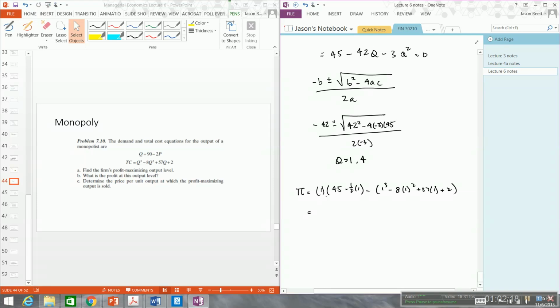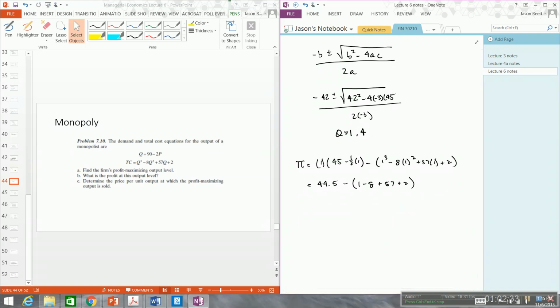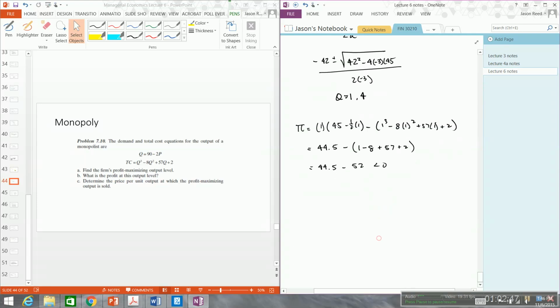So that we get 44.5 minus 1 minus 8 plus 57 plus 2. So that we get 44.5 minus 52. So we know that this is less than 0.